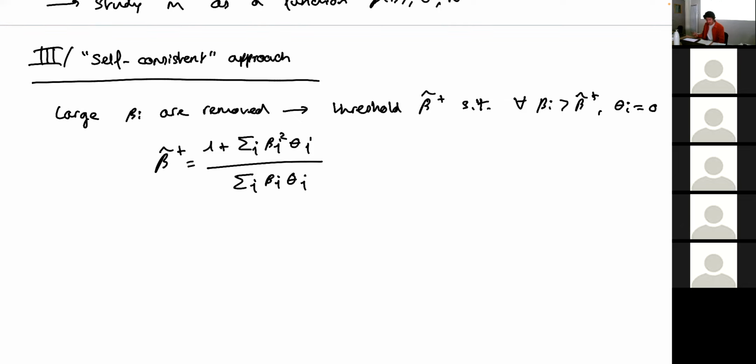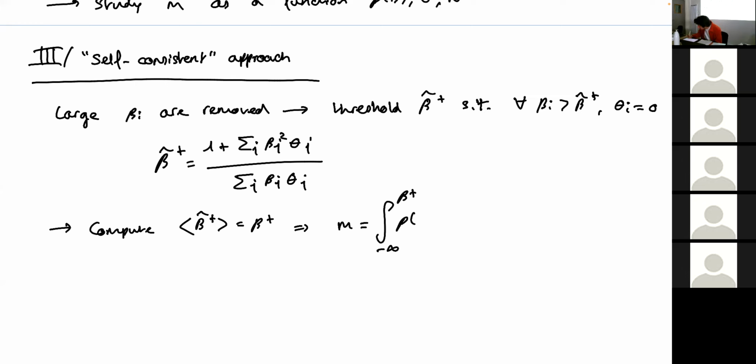Now what we want to compute, and the fluctuations about the threshold will be important as you'll see in a minute, but really what we want is the expected value of this over the disorder once again. So for any draw of beta, M, which was the level of fullness of the solution, can then be evaluated just by looking at the distribution of the betas.